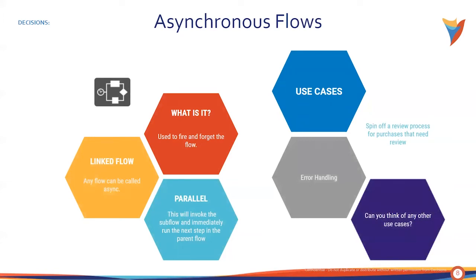That kind of leads me into this next one. The asynchronous flows allow us to start linking flows and allow processes to be done and completed all at the same time. So going back to my example earlier of that CSV document or Excel document, where we might have multiple lines of data coming through.